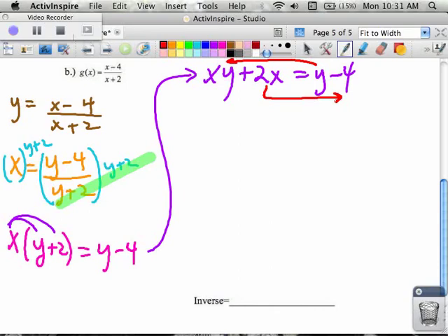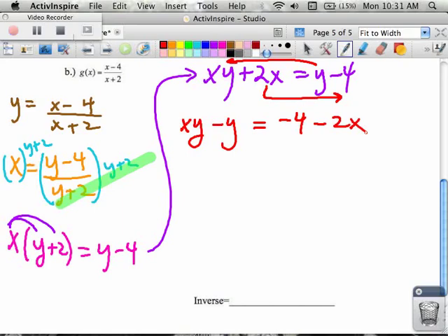So now on the left side, I still have my xy, but the positive y that was on the right becomes minus y on the left. And on the right side, I had the minus 4. And since I'm moving the 2x from the left to the right, it was positive, now it becomes negative. And now I have my y things on the left side, everything else on the right.